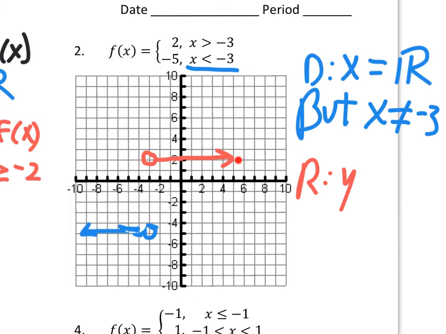No. If you're on this one, the only y values you're going to have are what? 2. And if you're on this one, the only y values you're going to have are what? Negative 5. So if you know that, write it down. You're going to say the range is either going to be 2 or negative 5. That's it.